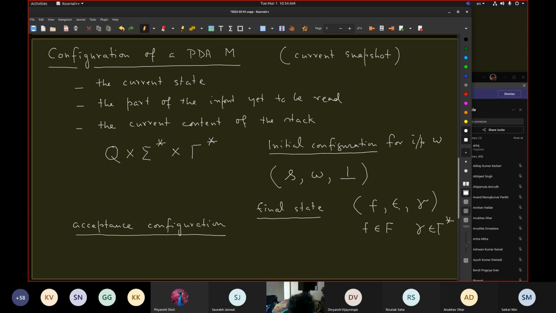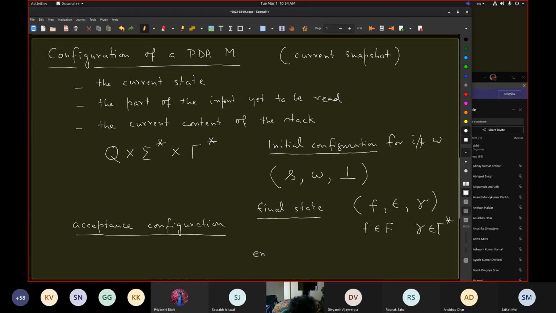After reading the entire input, the part of the input yet to be read must be epsilon. The machine must be in a final state, and whatever the stack content gamma is, it's not relevant for acceptance. So this is an acceptance configuration if the machine accepts by final state.